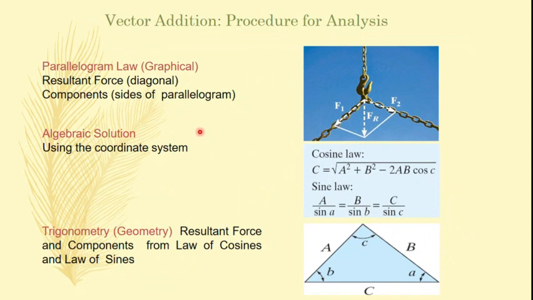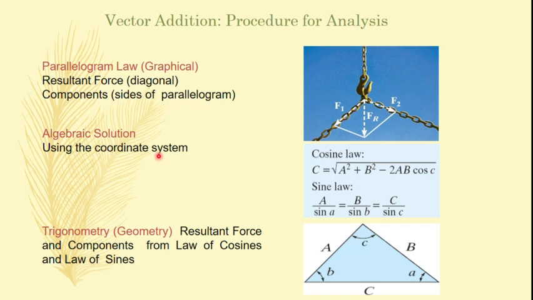Now we already discussed the parallelogram law for vector addition. Suppose this one is the force F1, which is a vector obviously, and this one is F2, another vector, which represents the two adjoining sides of a parallelogram. Then if we join the corners of this parallelogram, it represents the resultant vector of these two vectors.